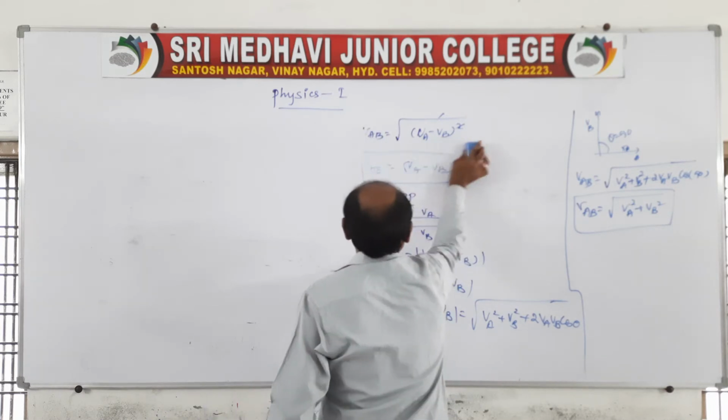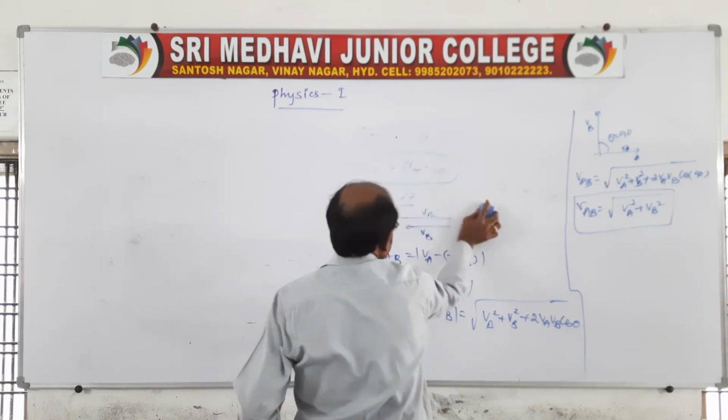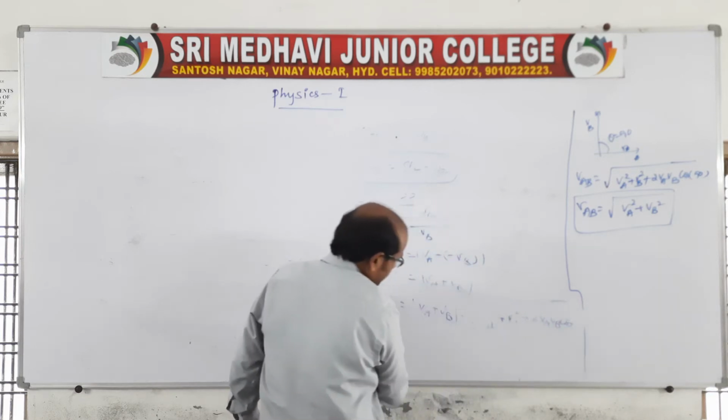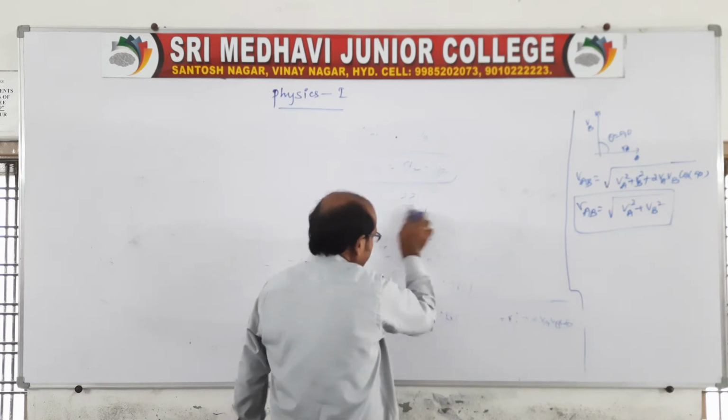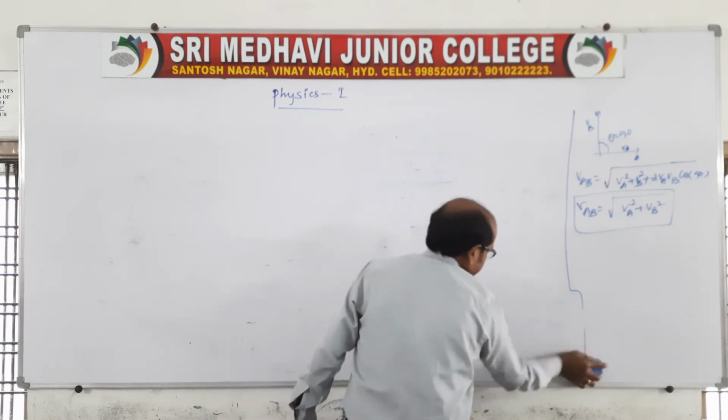And here there is a cyclist, the person. The wind appears to the cyclist to come from east to west.